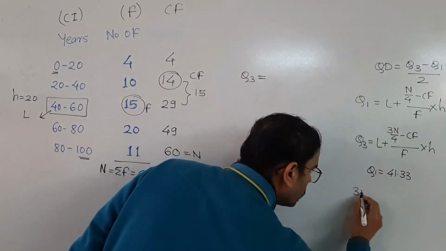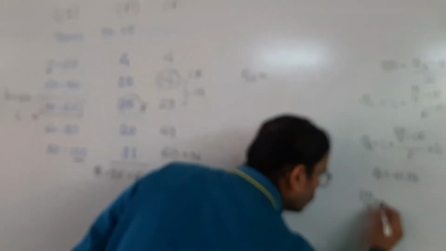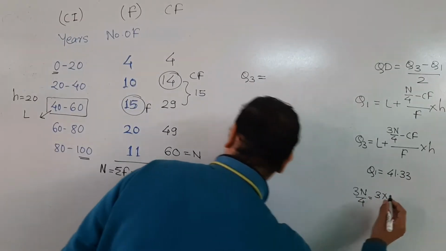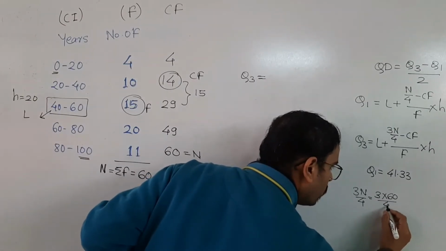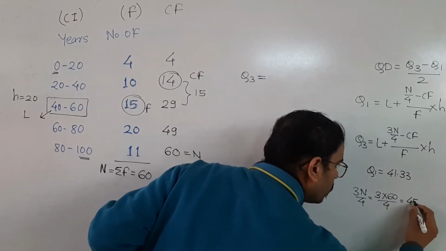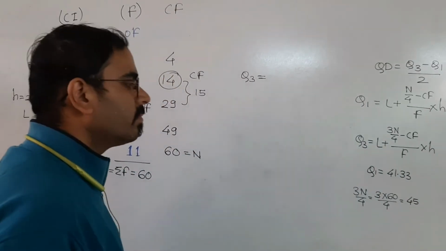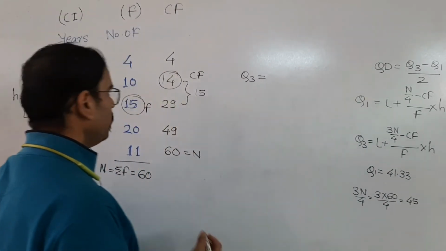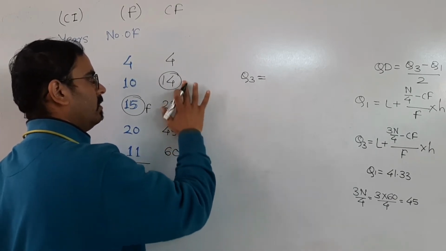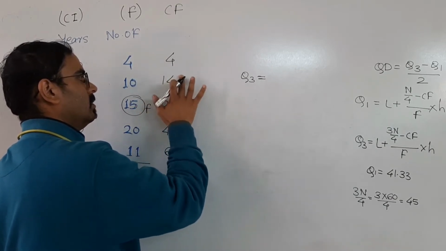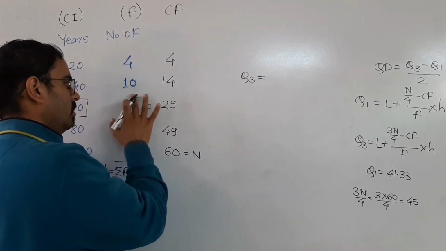So 3 into N, where N is 60, divided by 4, that will come to 45. We have found that for Q1. Now we need to find it for Q3.